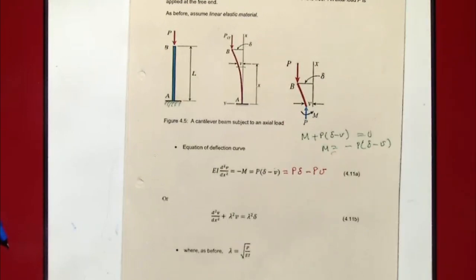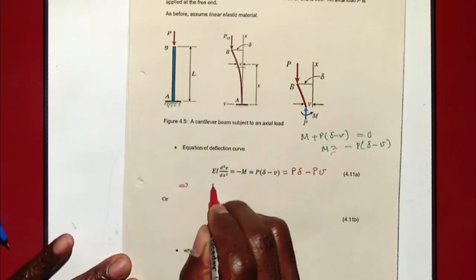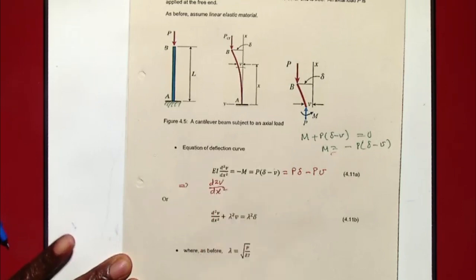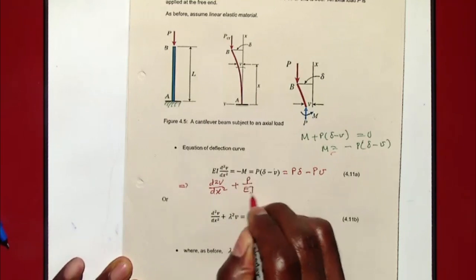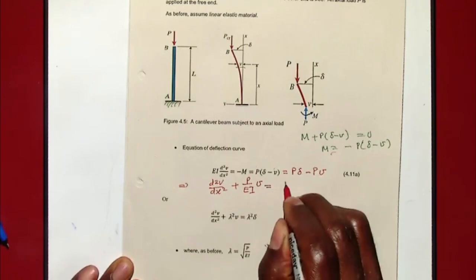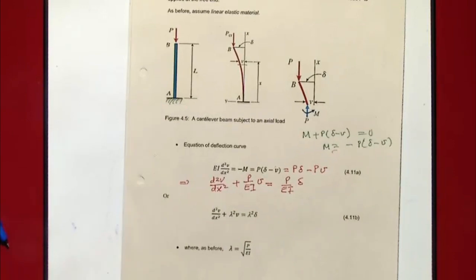So now we have the same thing, a second order differential equation, which I'm going to rearrange to be d2V/dx squared plus P over EI times V equals P over EI delta.